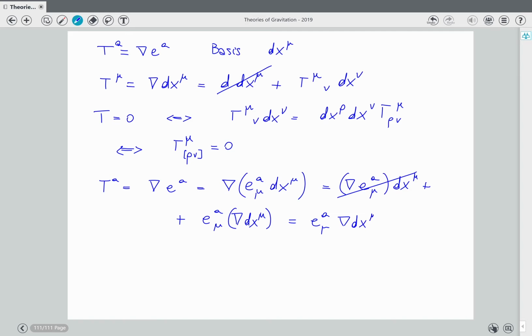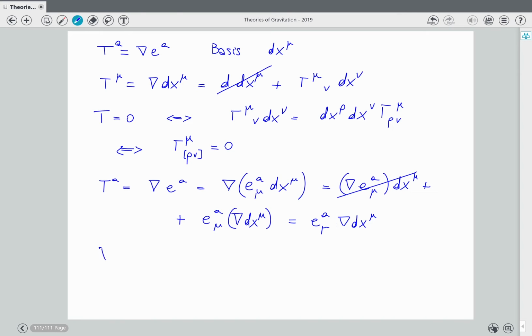Which again tells you that the torsion is 0 if and only if in one basis it's 0 in the other basis. This is just a change of basis, and we already know that when you do the change of basis, the matrix for the change of basis gets out.